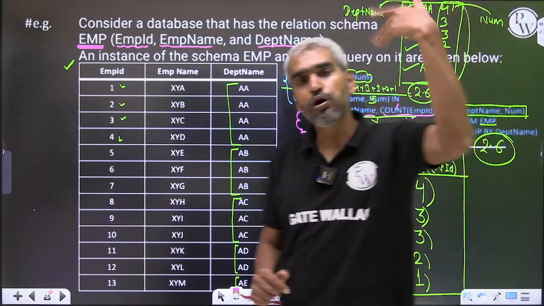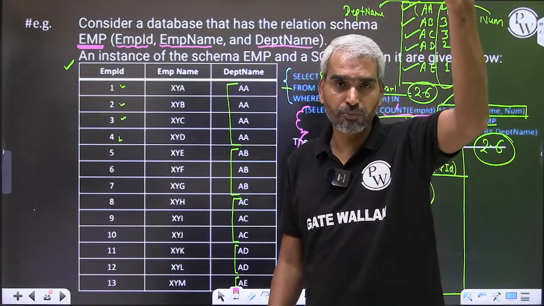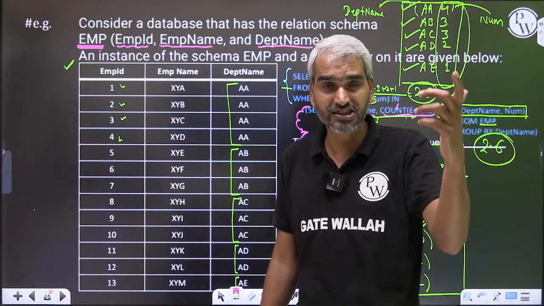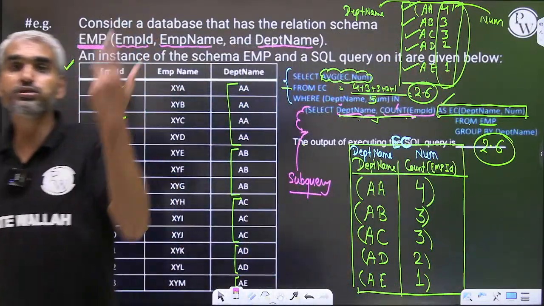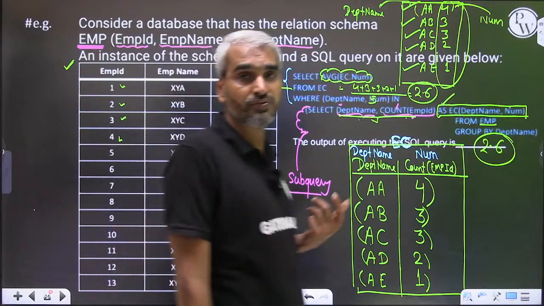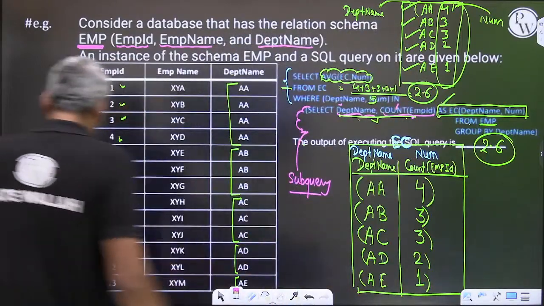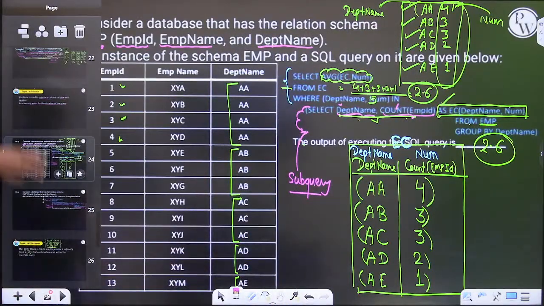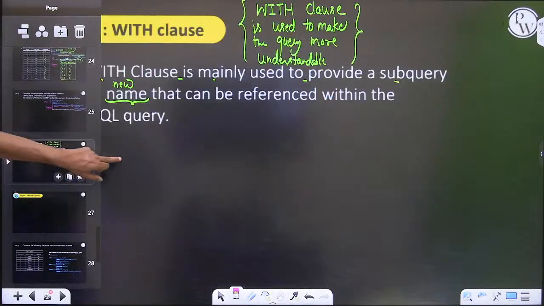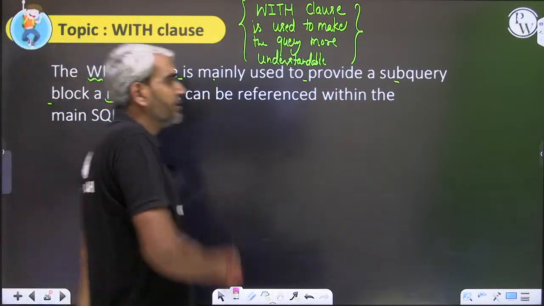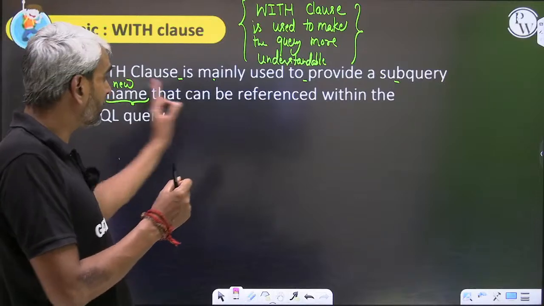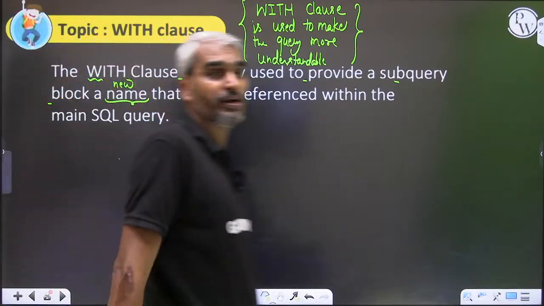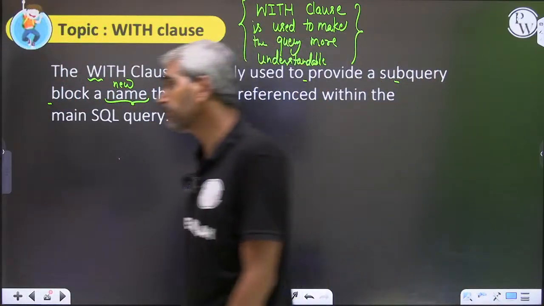Once you have executed all those subqueries and created those new relations, then only your main query will refer to those new tables created using the with clause. So let me give you an example. Don't make it complicated. The with clause is mainly used to provide a subquery block a new name that can be referred to within the main query.